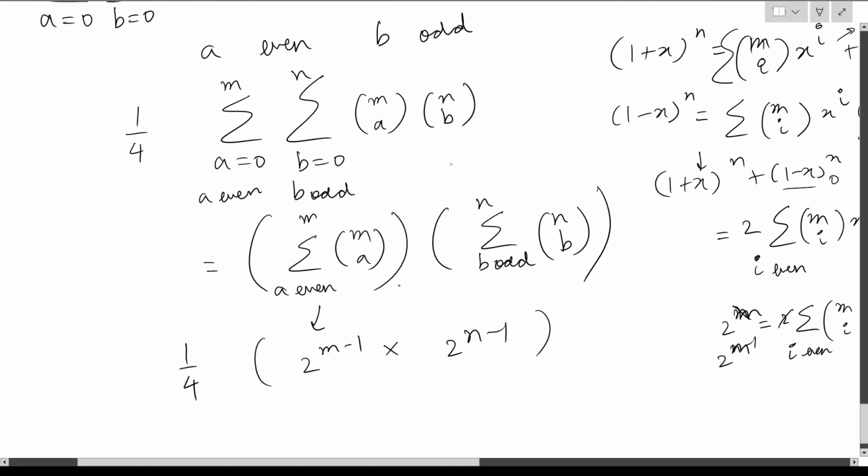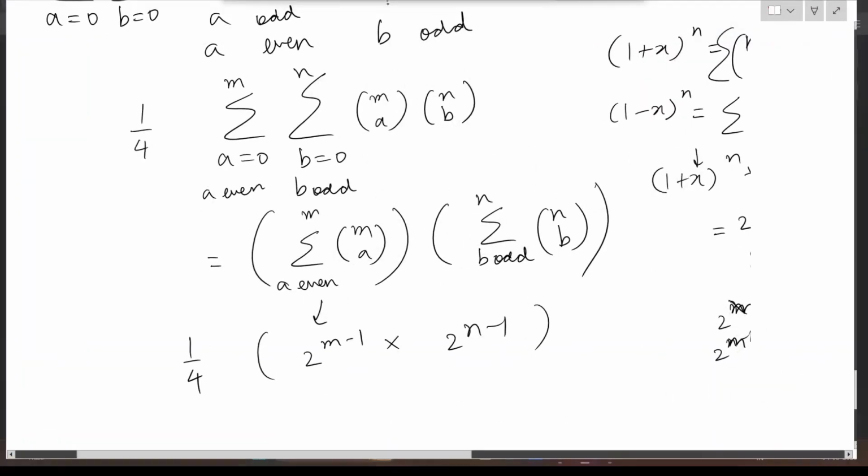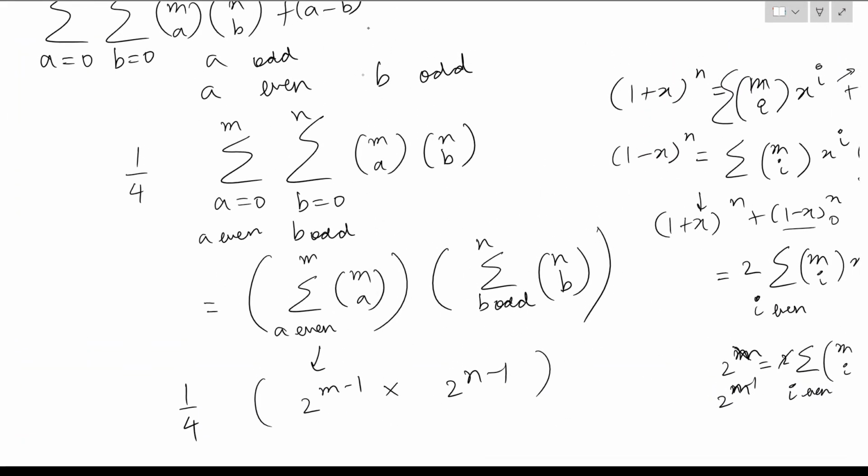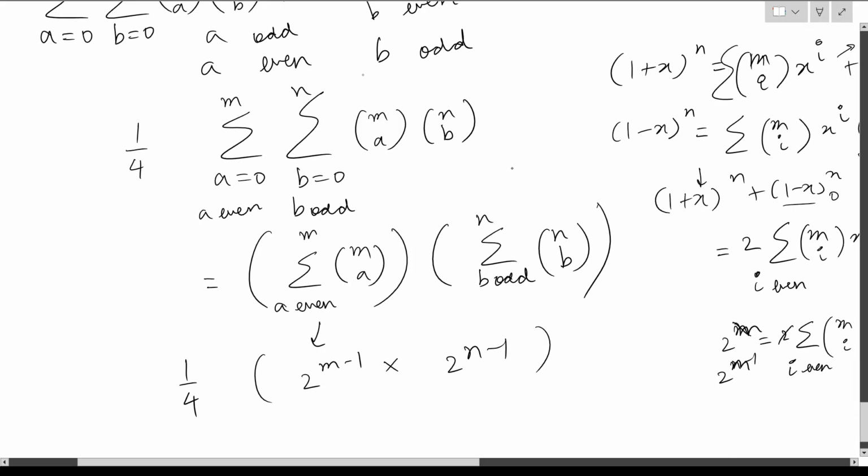Now there's also another case if A and B have opposite parity, and that is A odd and B even. Can anyone tell me what the answer in that case is? If A is odd and B even? So obviously here odd and even did not change anything, and so it's in fact the same as this. And so that is also just 1 by 4 times this number.